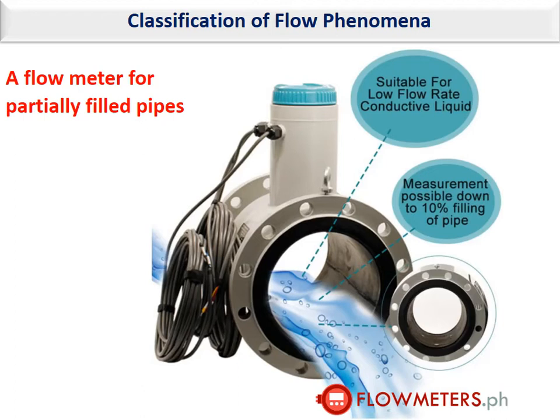This is an electromagnetic flow meter shown here in this picture, and if your pipe, like the one shown here, is partially filled, then you should consider this when selecting a flow meter. If you do not pay attention to this, then the flow meter may read wrong. So this is a very important topic to consider.